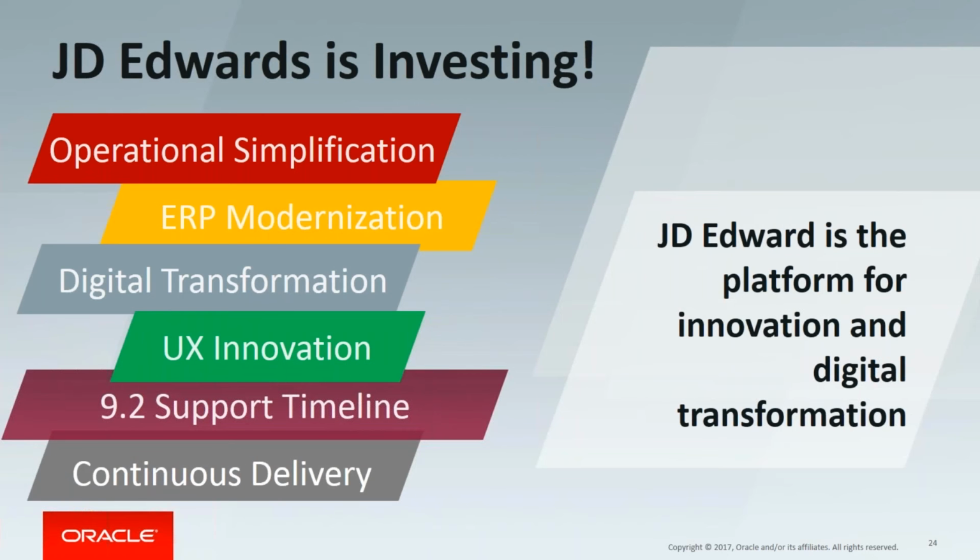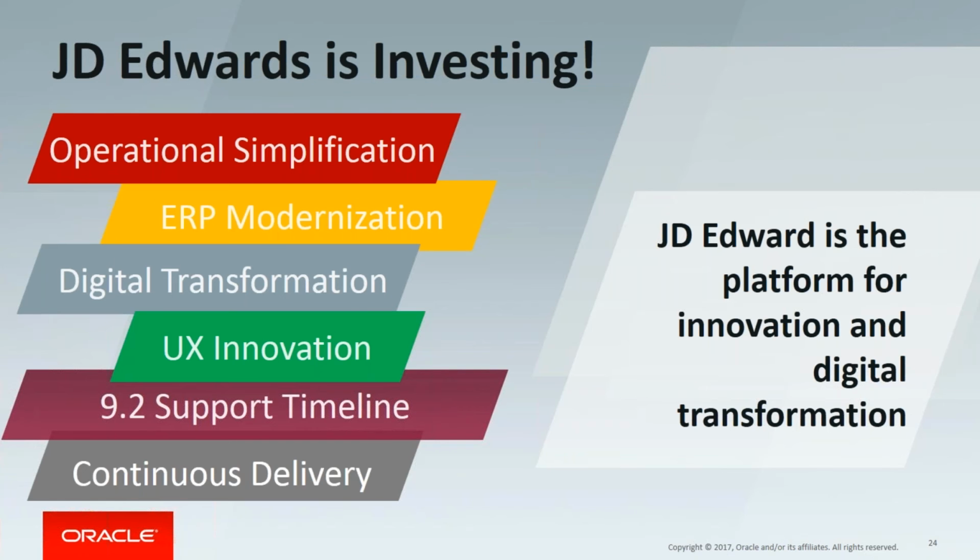This screen illustrates some of the things that I talked about. Think about JD Edwards as your platform. It's more than just your ERP. It's more than your general ledger. It's more than your shop floor control solution. JD Edwards is the platform. The platform allows you to innovate and allows you to begin to adopt digital transformation type technologies.